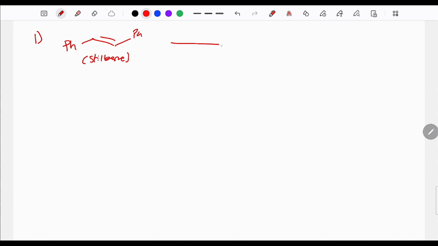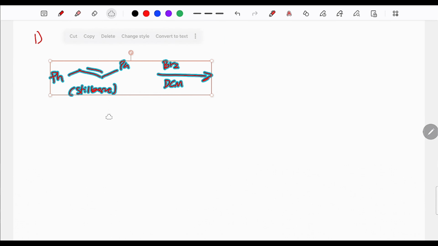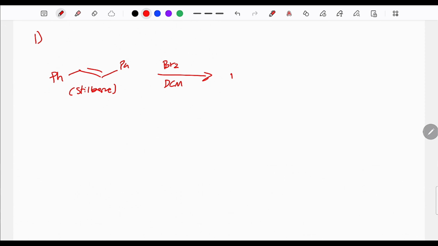And if I treat it with Br2 in dichloromethane, I will make, and you guys should already know what I'm going to make here, right? I have made a vicinal halide.